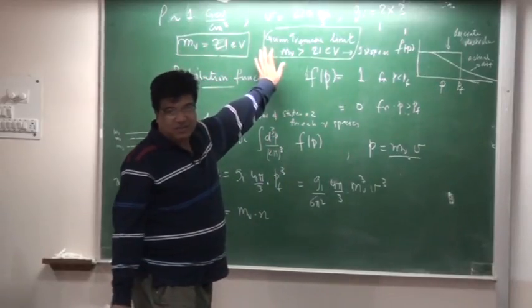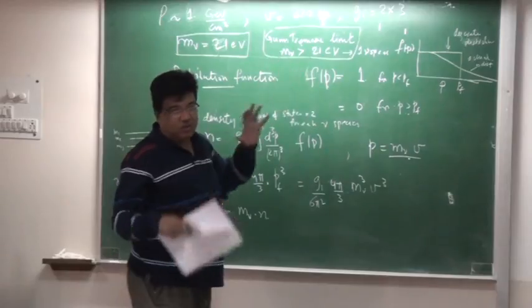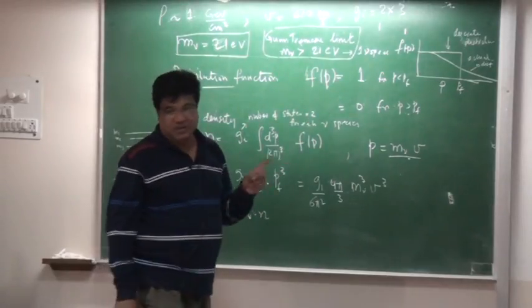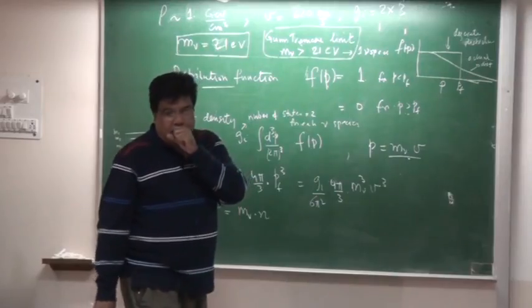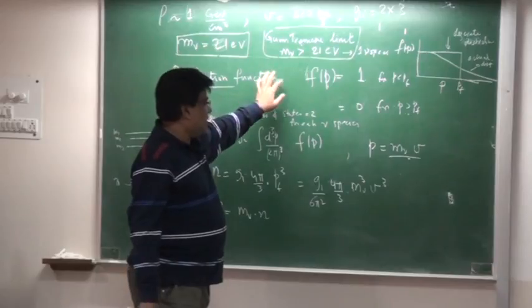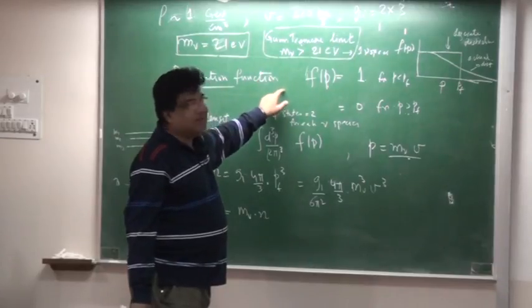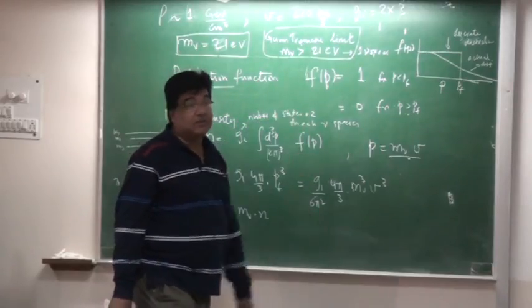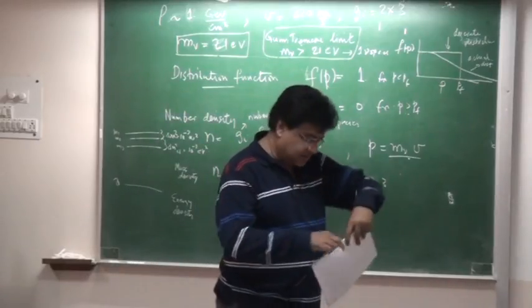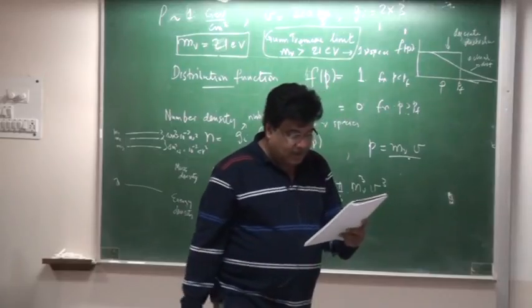This is a contradiction between what is needed to pack your galaxy to give you the rotation curve and what you get from cosmology. The conclusion from this calculation is that neutrinos are not the dark matter. Okay, 11:30 I can finish. That's good.